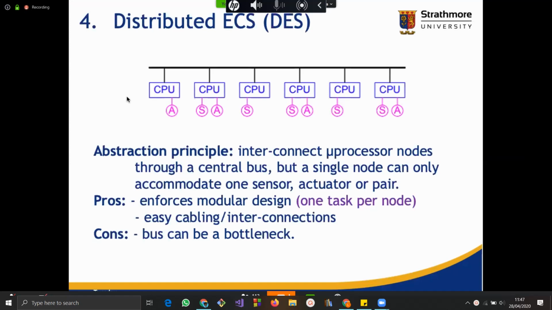If you use a distributed system, it means you'll need three nodes. Actually, you can have one for measuring temperature, one for measuring humidity, and then one with an actuator for turning on the fan. But if you use a centralized system, you can have one node that can do all three.